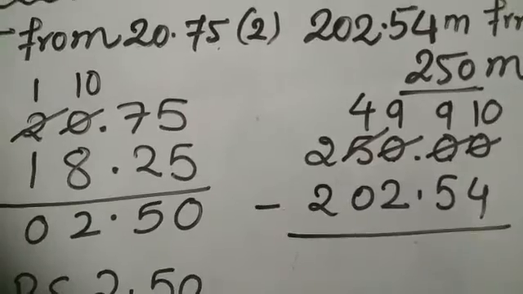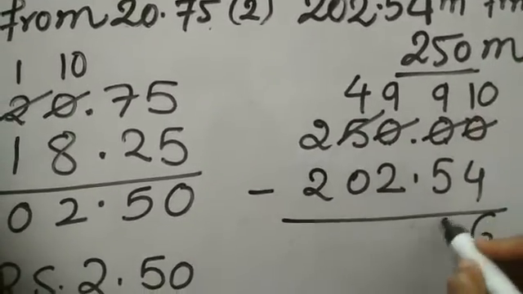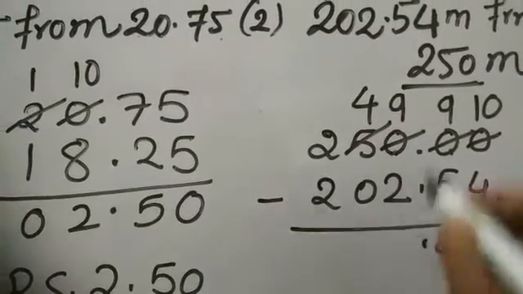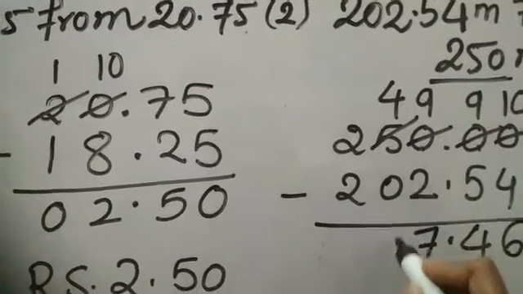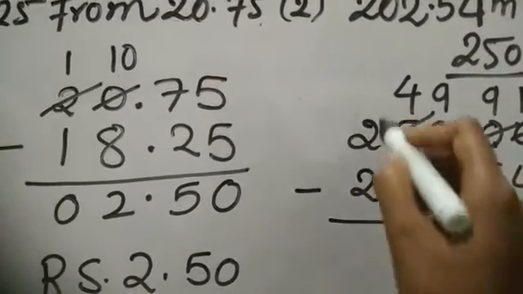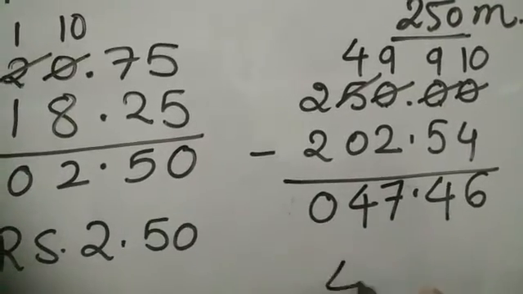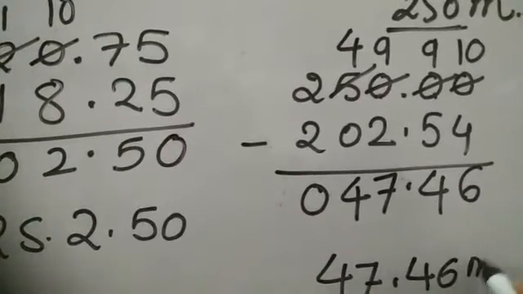Right? Now 10 minus 4, 6. 9 minus 5, 4. Then decimal point will come. 9 minus 2, 7. 4 minus 0, 4. And 2 minus 2, 0. Hence the answer is 47.46 meter.